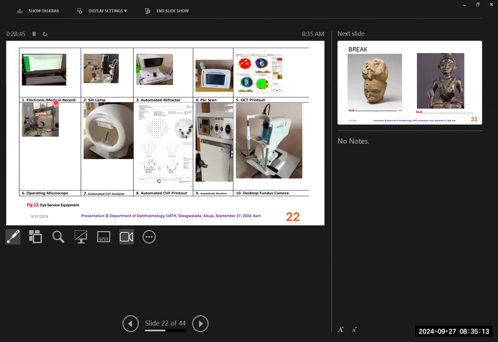Then this is our operating microscope. And then this is CFF. This CFF, they have even gone further. We are going to see what we call ionic in one of the slides. This is the printout from CFF. Then this is the anesthetic machine. You know, it's computerized. Then you have a fundus camera.